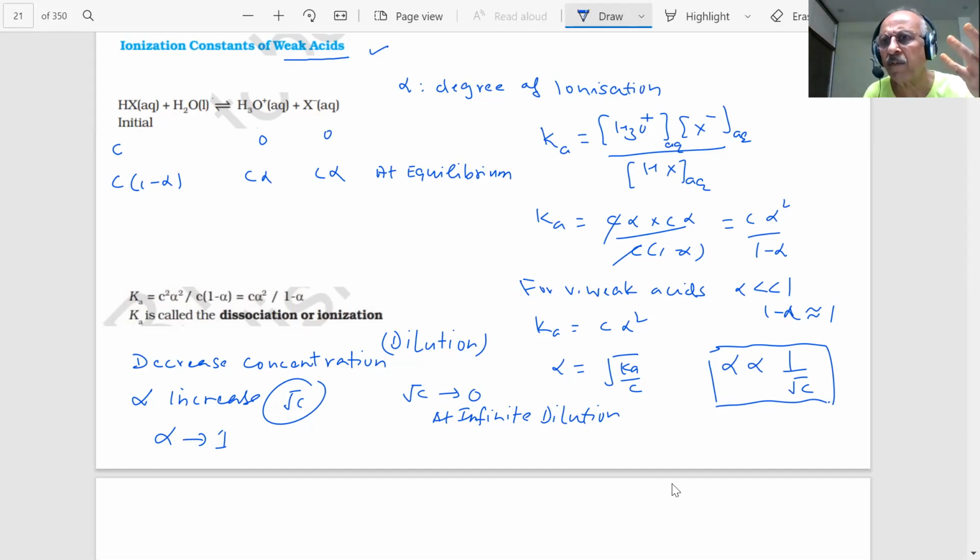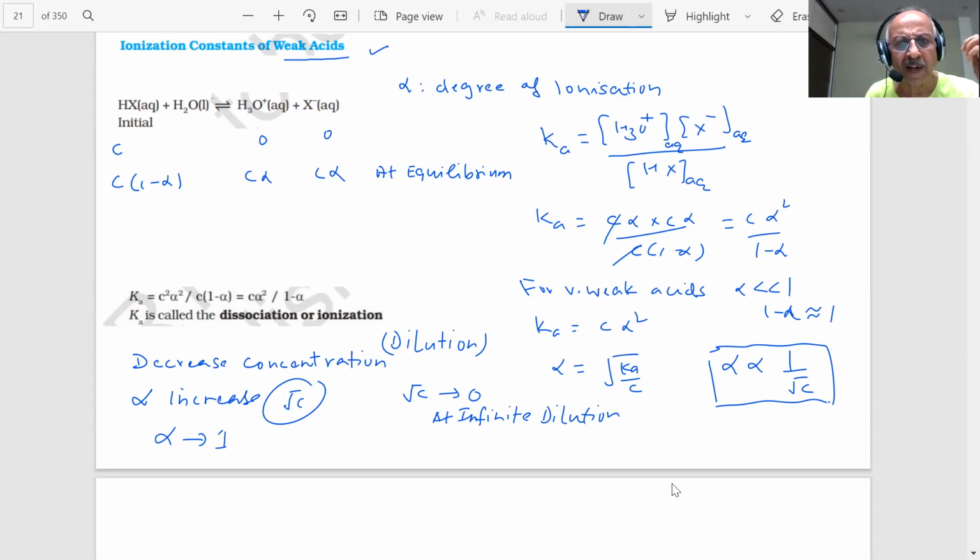How do you determine infinite dilution? Experimentally, we try to see that a time will come after which no more change in the degree of dissociation takes place, or we do certain experiments to find out the ionic concentrations.